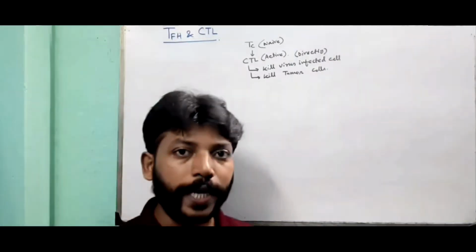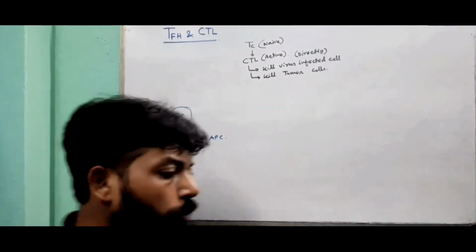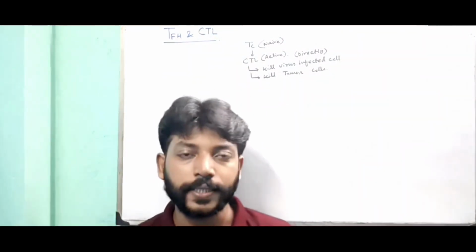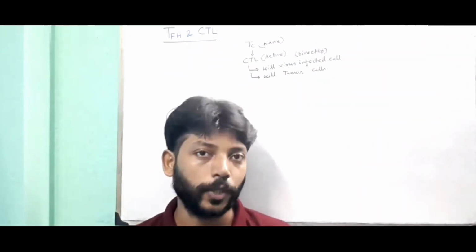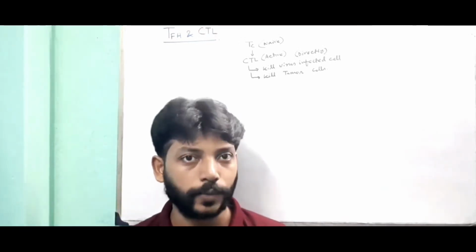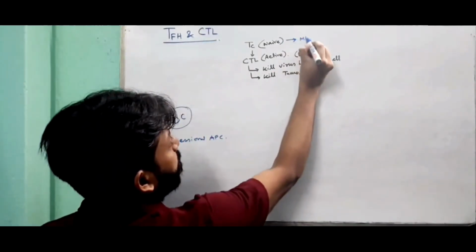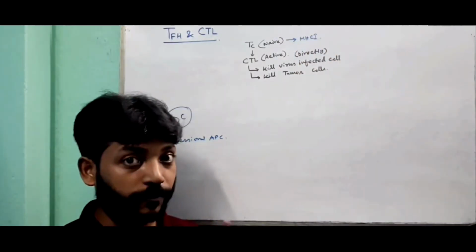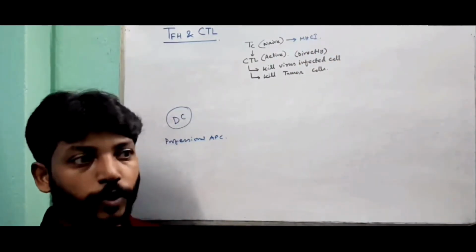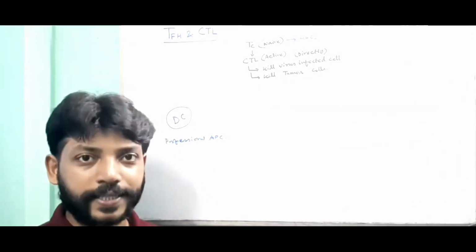But we know that the dendritic cell is called a professional antigen presenting cell, and professional antigen presenting cells show MHC2 molecules specifically, because all nucleated cells have MHC1 molecules, and the cytotoxic T cells interact with MHC1 molecules.